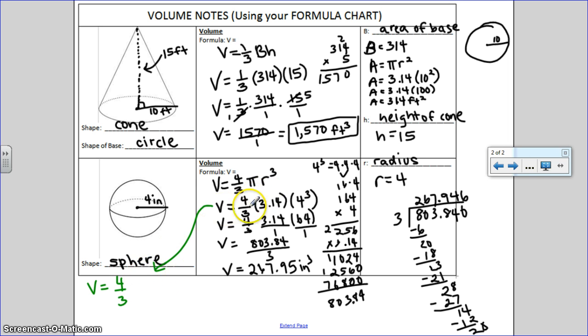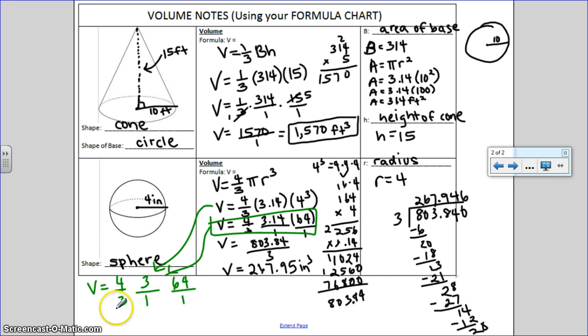So instead of pi 3.14, we're just going to say 3. And then we would say times 4 cubed. Well, I already know that's 64. So I'm just going to say 64 over 1. Okay, so we've basically replaced this step right here.